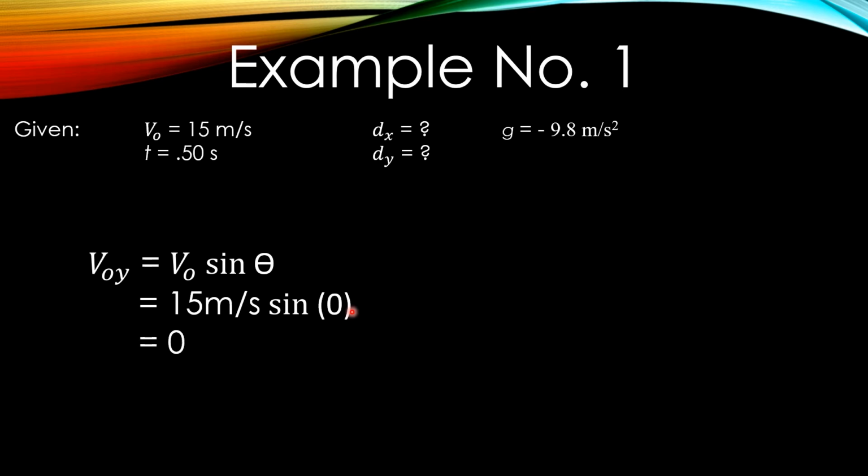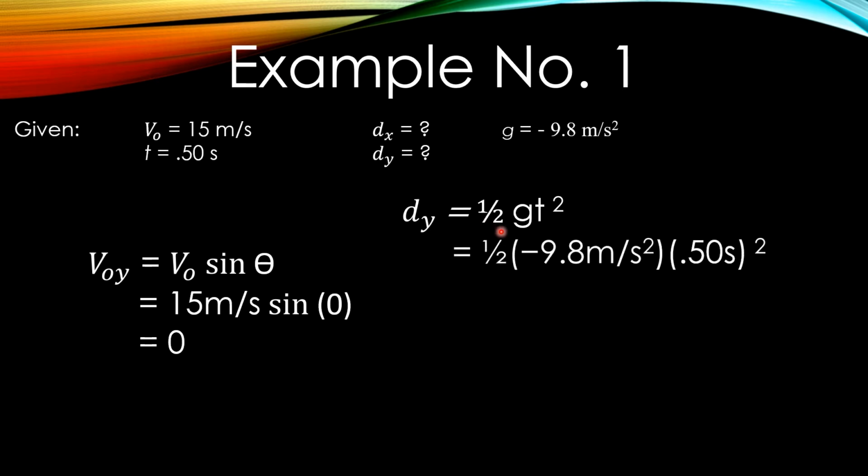Now, let's look for the vertical displacement using this formula. We have dy is equal to 1/2 times the gravitational pull times time squared. So we have 1/2 times negative 9.8 meters per second squared times 0.50 second squared.